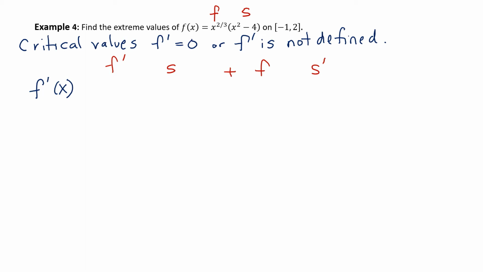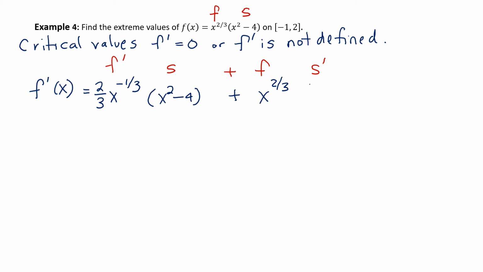The derivative of x^(2/3): bring the 2/3 down, x to the power of 2/3 minus 1 is −1/3. The second function, x² − 4, plus the first function, x^(2/3), and we take the derivative of x² − 4.